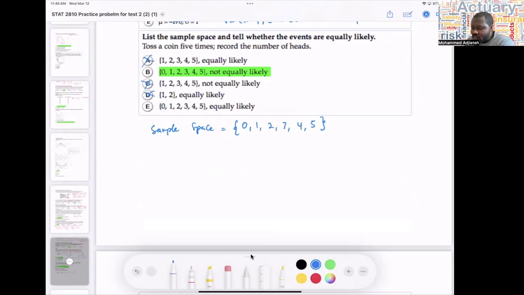What is the probability of you getting 0 heads? It means there's going to be tail, tail, tail, tail, tail. And so that is going to occur in one way.